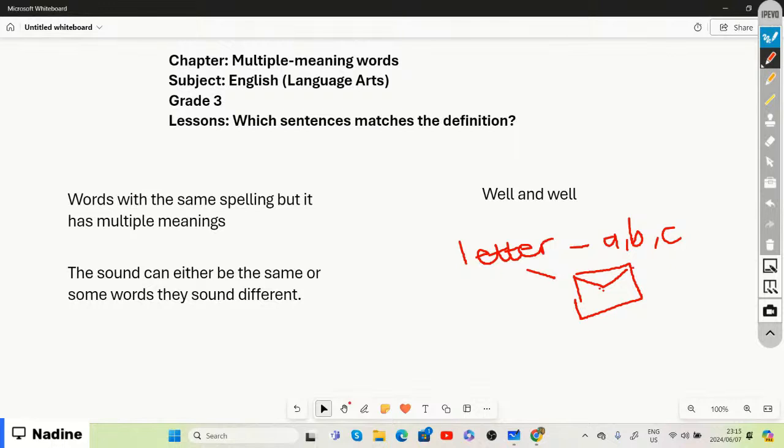It's one word, but it has different meanings. So once again, letter is like the letters of the alphabet, or a note that you can either send or receive.